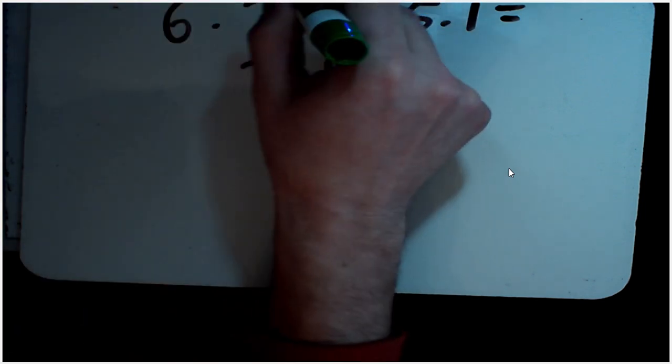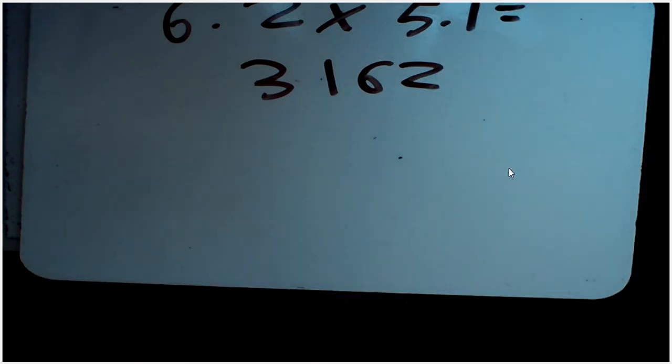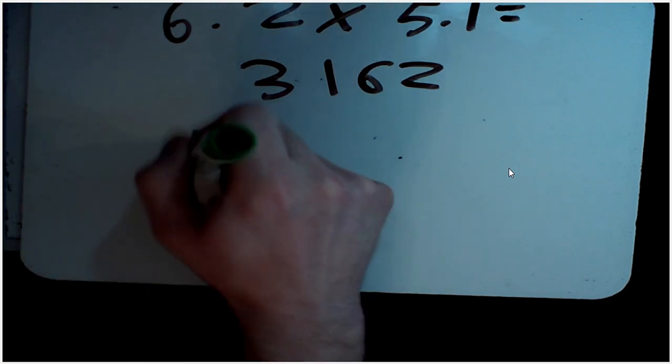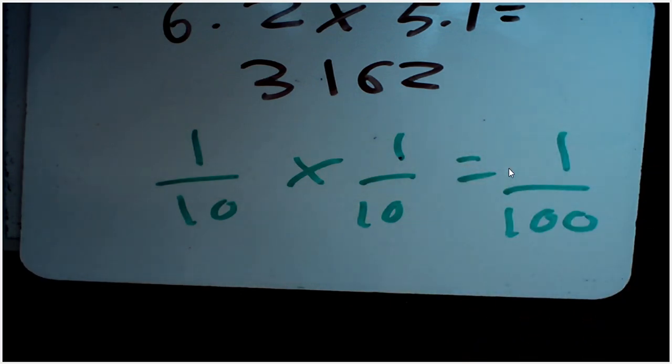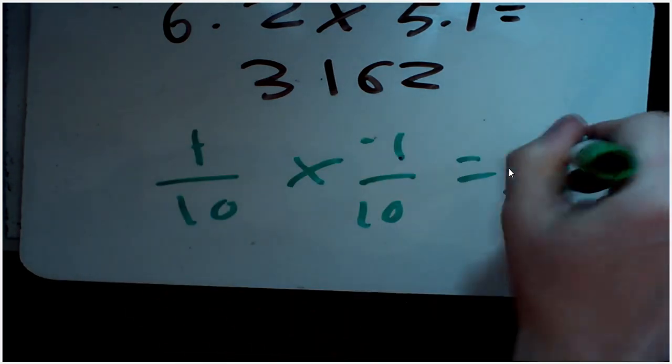So notice the smallest unit in both factors is a tenth. So the very smallest place value for both of these factors are tenths, correct? Since the product of 1/10 and 1/10 is 1/100th, think about that, 1/10 times 1/10 equals 1/100th, right? We multiply across. 1 times 1 is 1, 10 times 10 is 100.